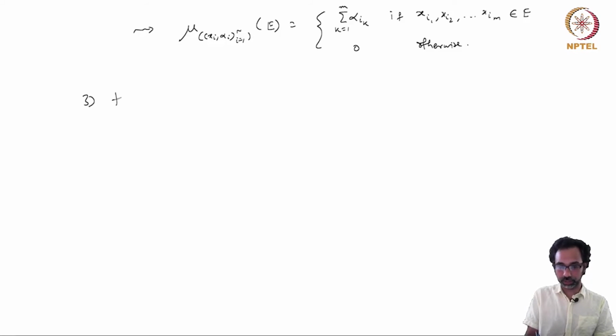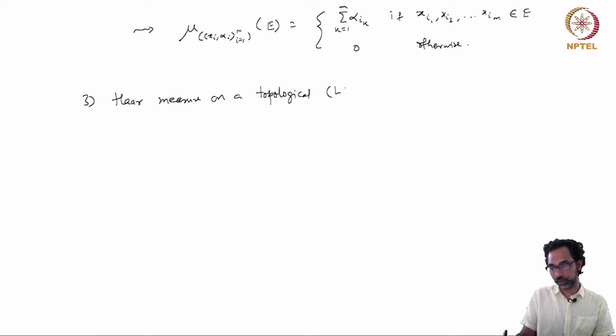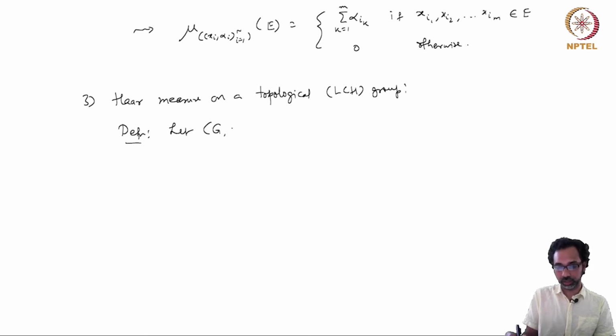Now the third example is the Haar measure on a topological group. Well, we also want it to be LCH, locally compact Hausdorff. So a Haar measure: let G be a locally compact Hausdorff topological group.